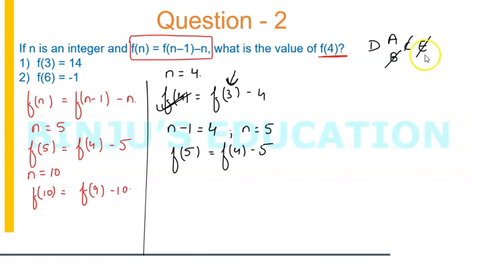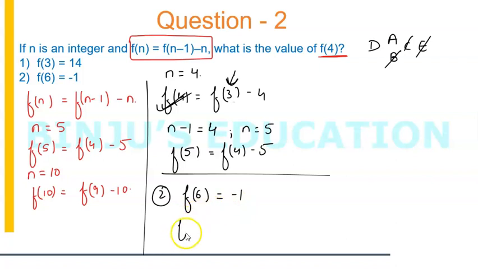Now statement 2 says f of 6 is negative 1. Now if I take n to be 6, then I can say that f of 6 is equal to f of 5 minus 6.